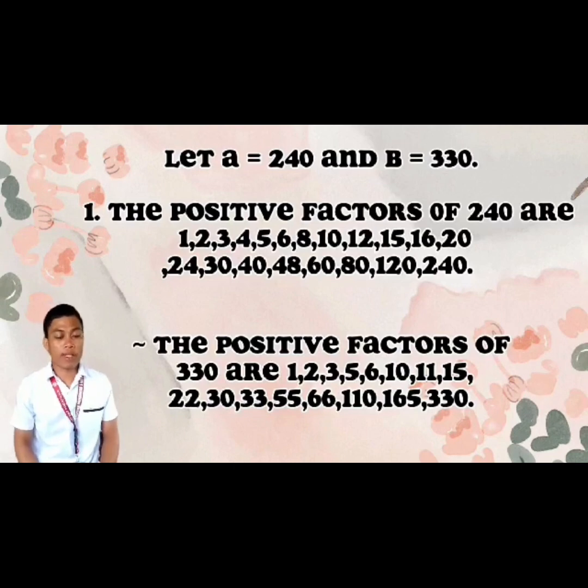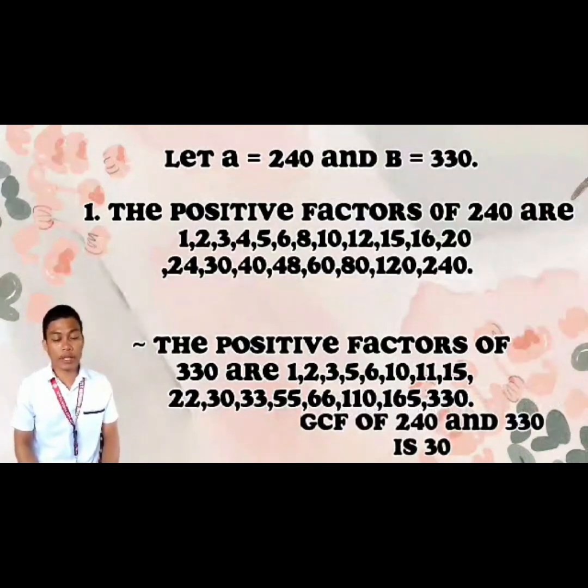The positive common factors of a and b are 1, 2, 3, 5, 6, 10, 15, and 30. The greatest common factor of the two numbers is 30. So the greatest common factor of 240 and 330 is equal to 30.